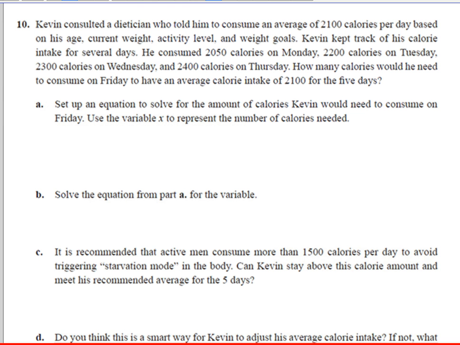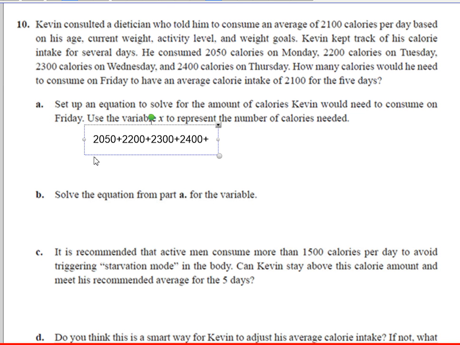And so when we set up an equation, I'll type some of this, we're going to add up the calories consumed each day. And so we had 2050 on Monday, plus 2,200 on Tuesday, plus 2,300 on Wednesday, plus 2,400 on Thursday, plus we need to find Friday's.